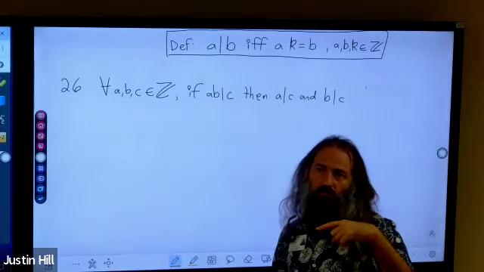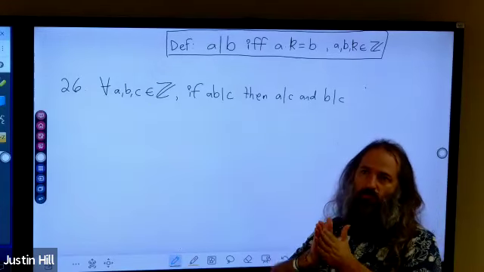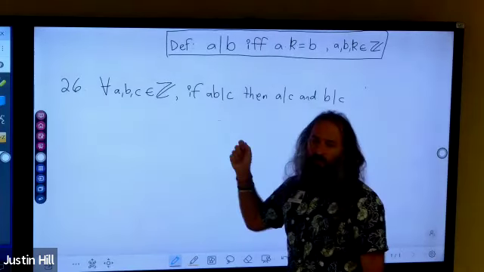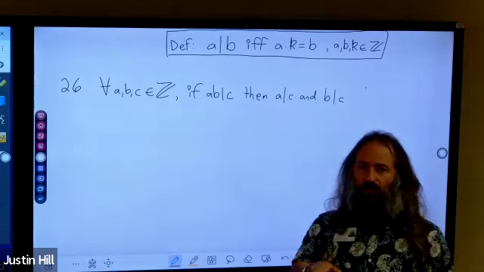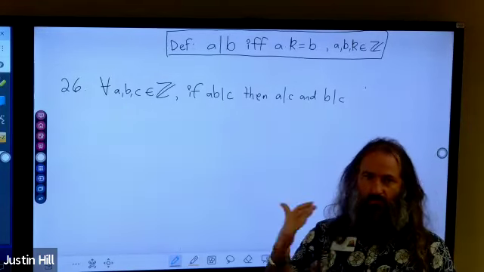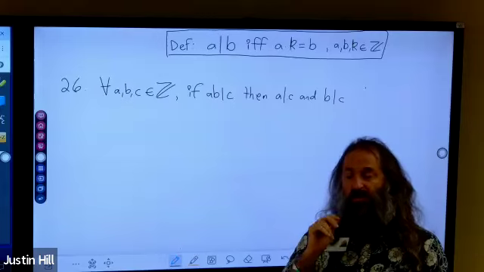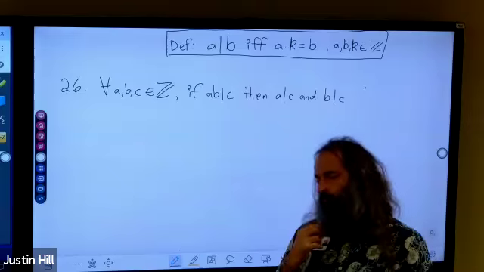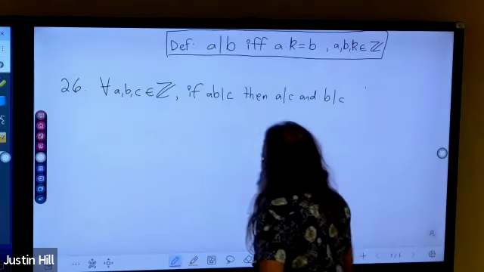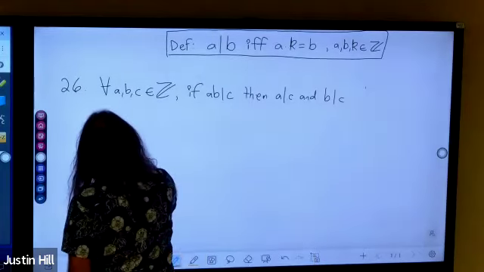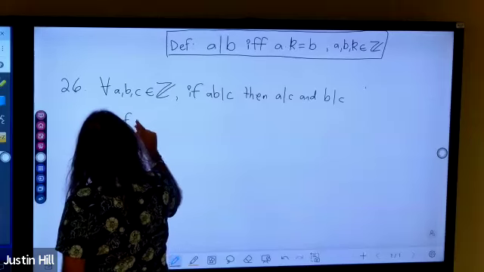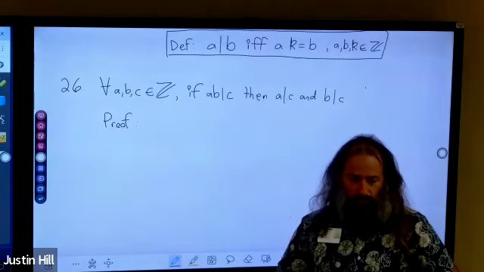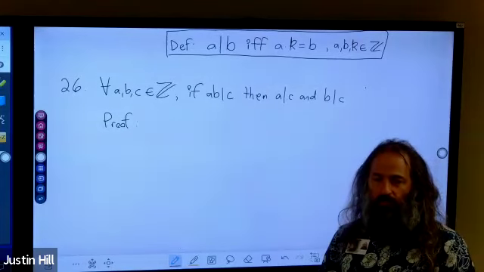I thought maybe it worked, but I didn't think about the two numbers multiplying to something bigger than C. But this time I'm fixing it, I'm rigging the system to begin with that AB is less than or equal to C, that it's a factor of C, then this should actually work. So let's start with this as true. Let's think maybe this is true. And let's see if we can build the proof from here.